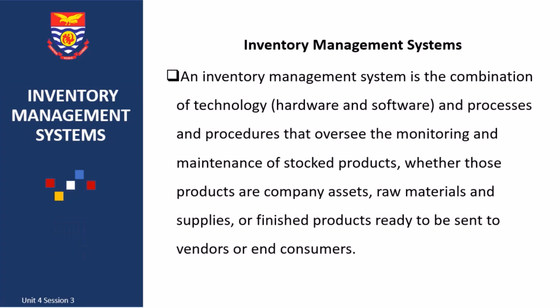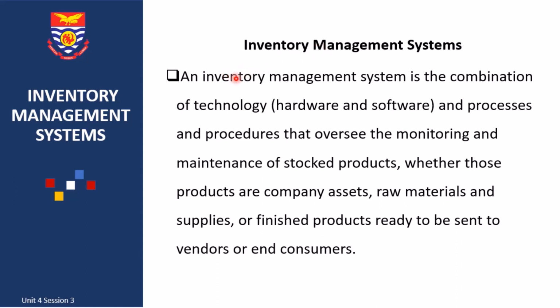So when we talk about an inventory management system, we talk about a system that consists of interrelated parts that function together to achieve a purpose. So when we attach inventory management to a system, it means that it is an interplay of a lot of things that come together to help organizations to manage their inventory in a given warehouse or in a given supply chain.